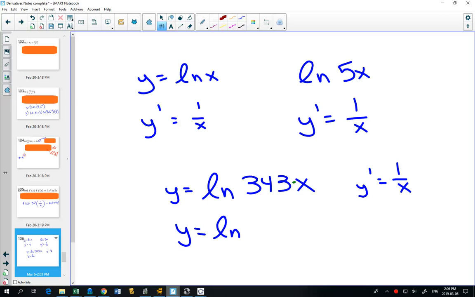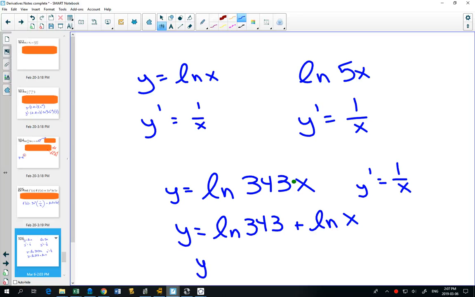Do we have a rule when we multiply inside of a logarithm? Oh, yeah. What's the rule? The rule says you can add. And if you add, natural log of 343 is a number. Don't know what that number is, but it is a number.